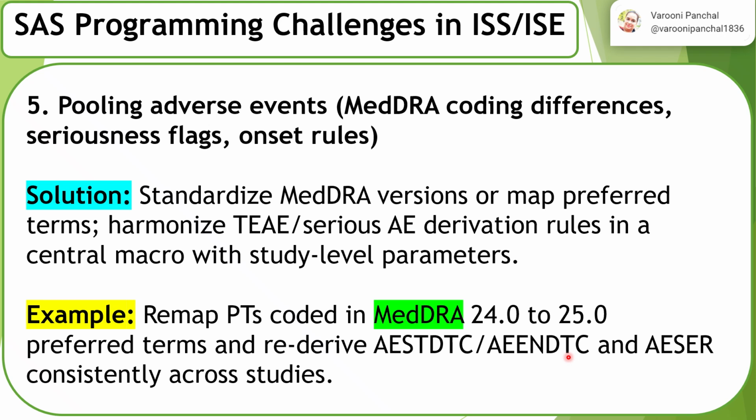It is a very tedious job to check each and every study and see their formats and then consistently put across similar rules for converting the dates. So consistency is very essential when you are working in ISS and ISE studies.